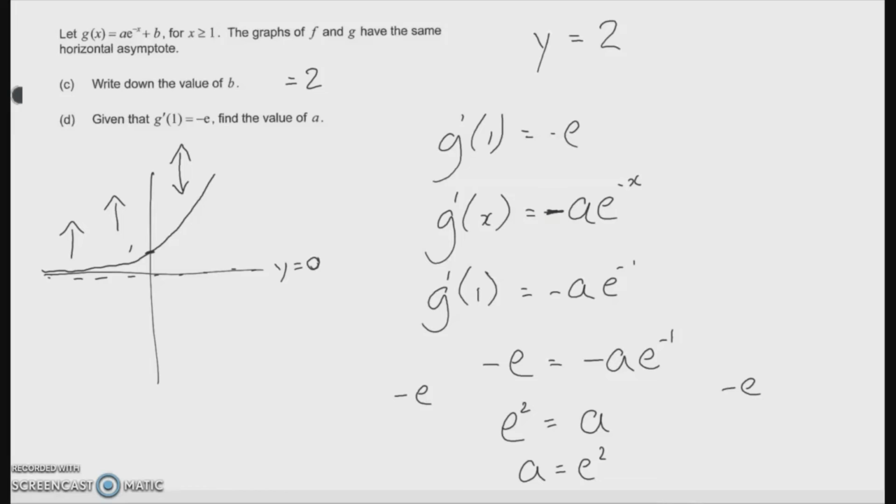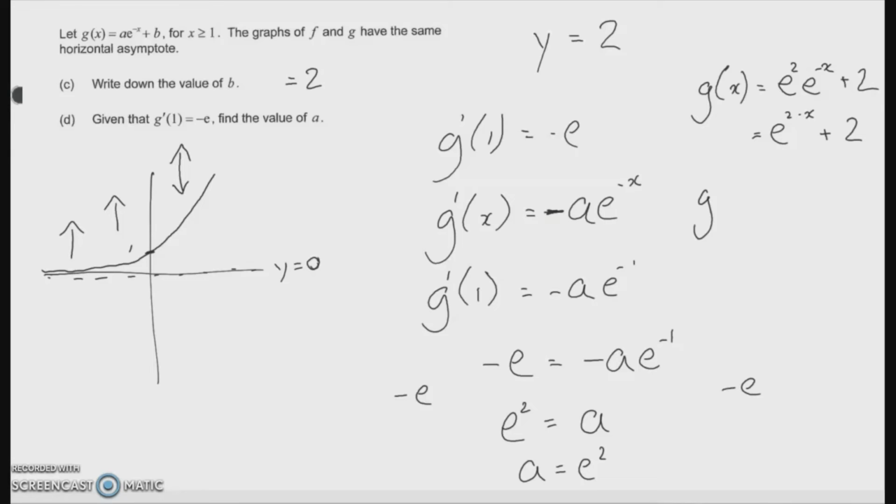This will allow us to now go back and rewrite the original function, g of x, being now e squared times e to the negative x plus b, which was 2. Now that first term needs tidying up, so we can just use our index laws here and add the powers, so we get e to the 2 minus x plus 2.